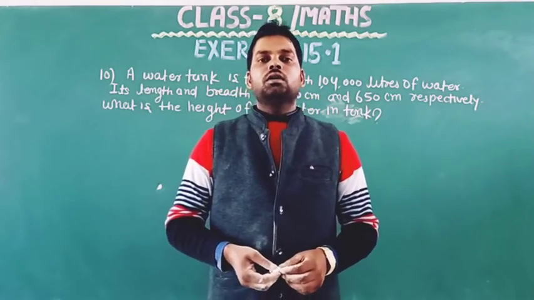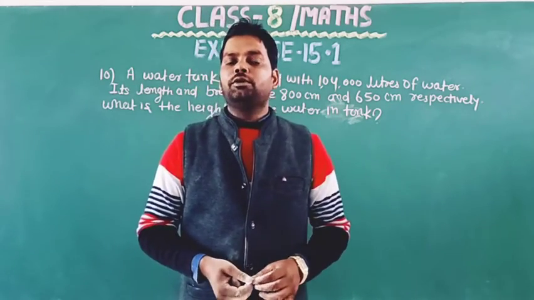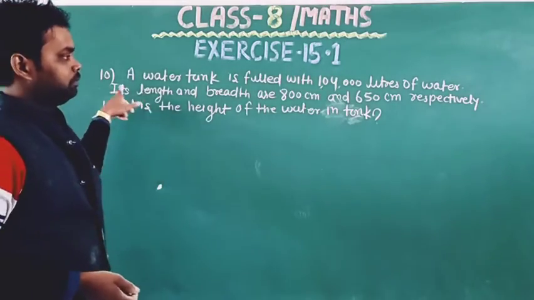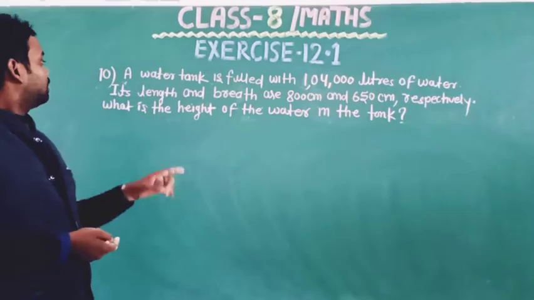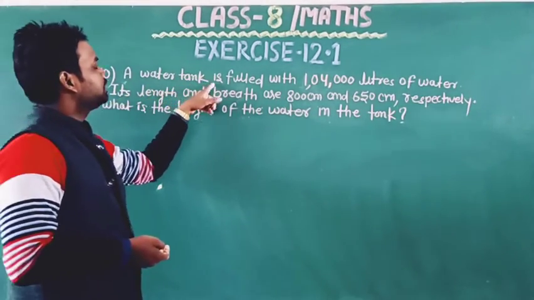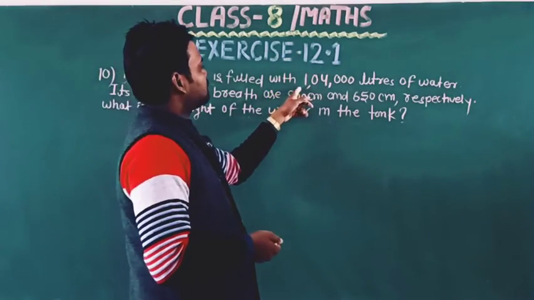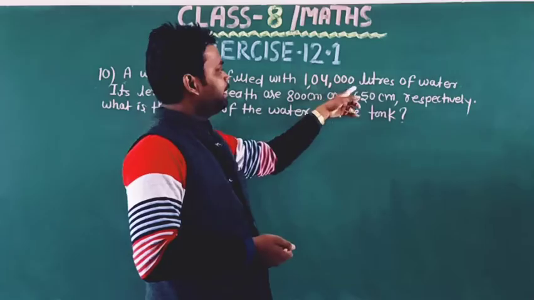In this video, you will see the solution of exercise 15.1 onward, question number 10. In this portion, it has been said that a water tank is filled with 1,04,000 liters of water.